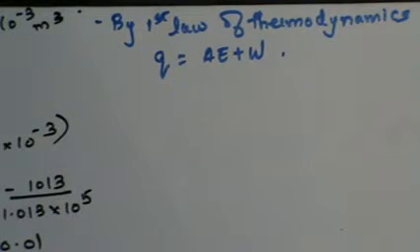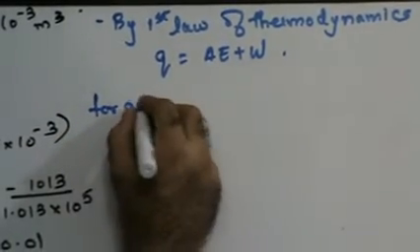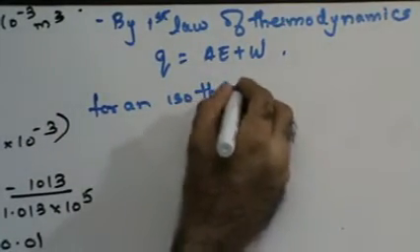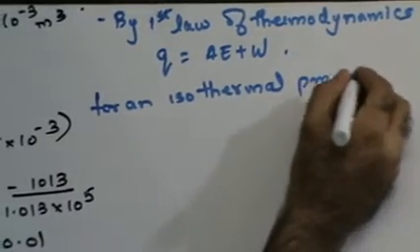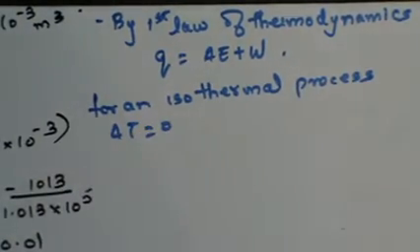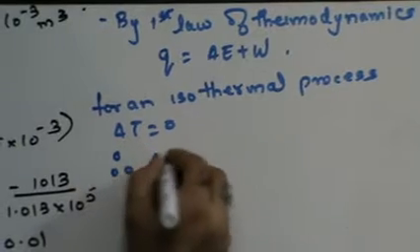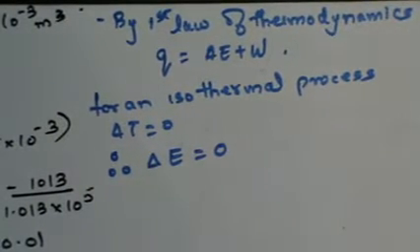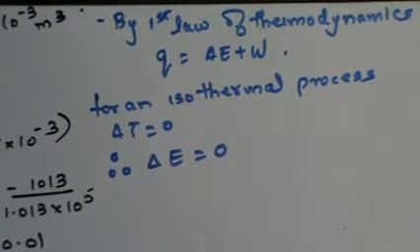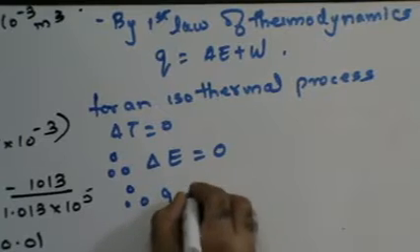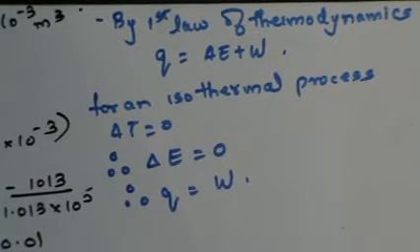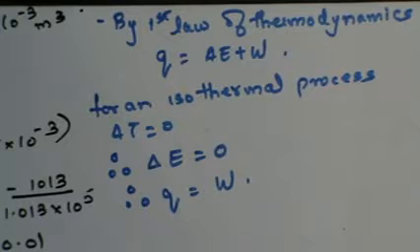That's my first law of thermodynamics. Now, for an isothermal process, we know that delta T is equal to 0. If the change in temperature is 0, that means the change in internal energy of the system will be 0. If the change in internal energy is 0, then Q will be equal to W. That means the entire heat supplied to the system is going to be used to do external work.